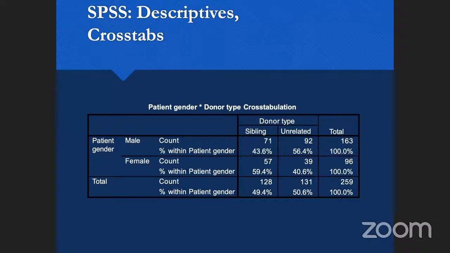This is an example of using SPSS descriptive crosstabs for this type of categorical data.